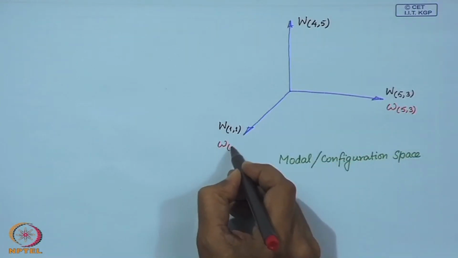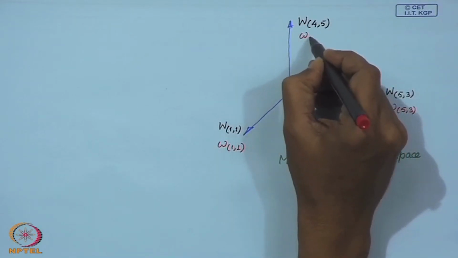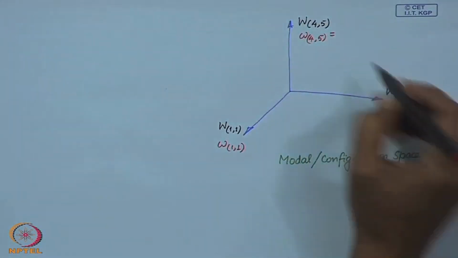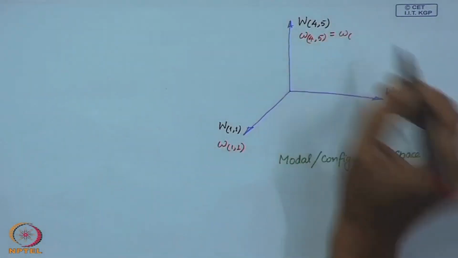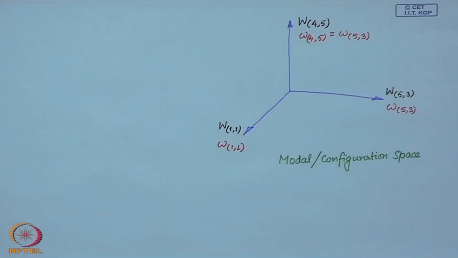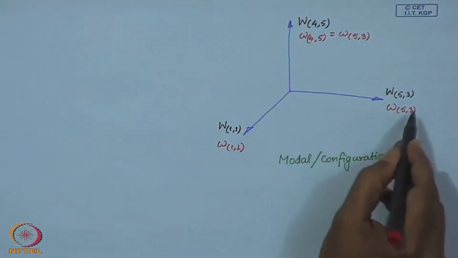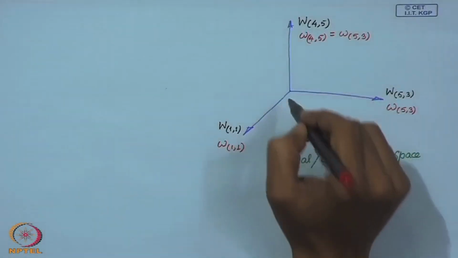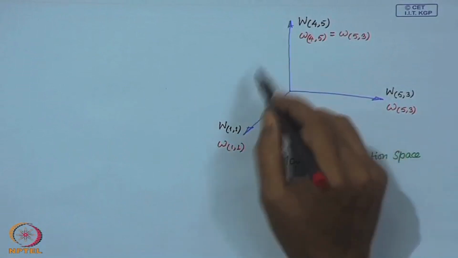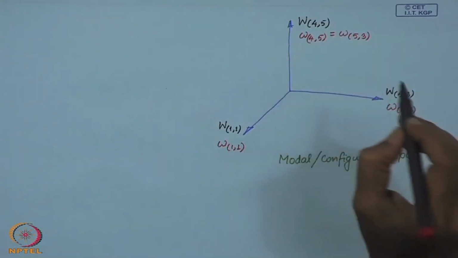Similarly, this is another one, and this is the same as omega 53. Now, if this is an eigenfunction corresponding to omega 53, then this is also an eigenfunction corresponding to omega 53. So, therefore, any linear combination of these 2 eigenfunctions is also an eigenfunction of omega 53.